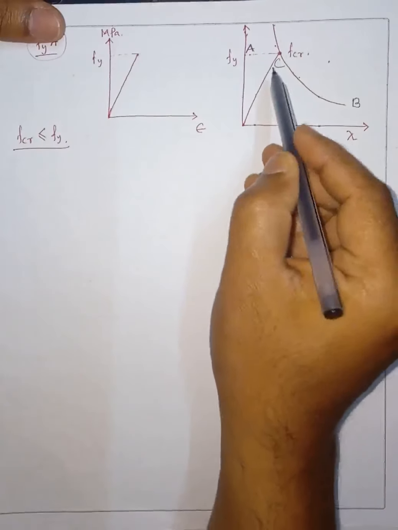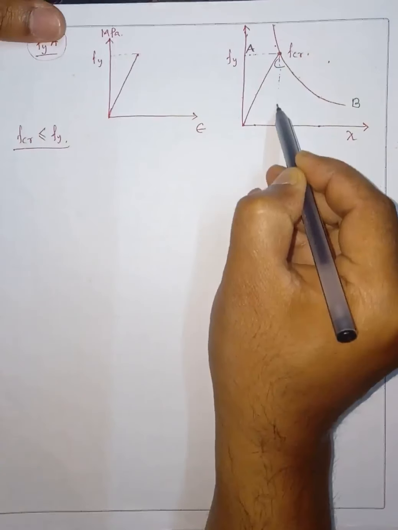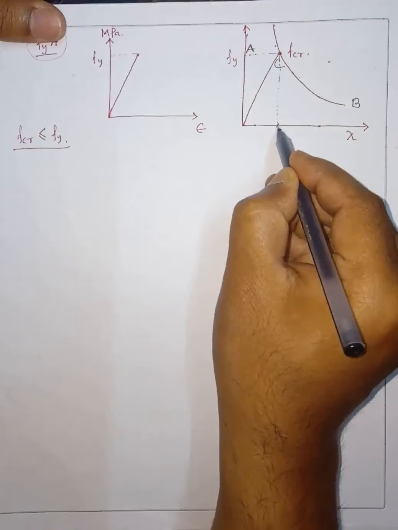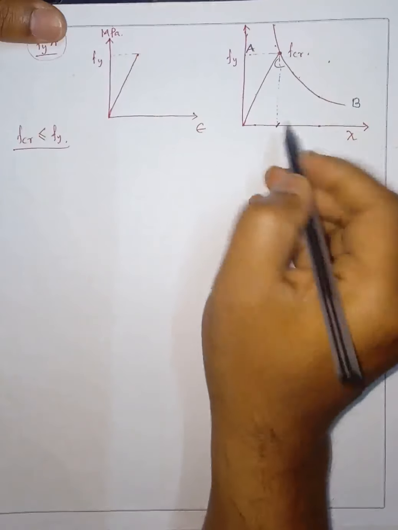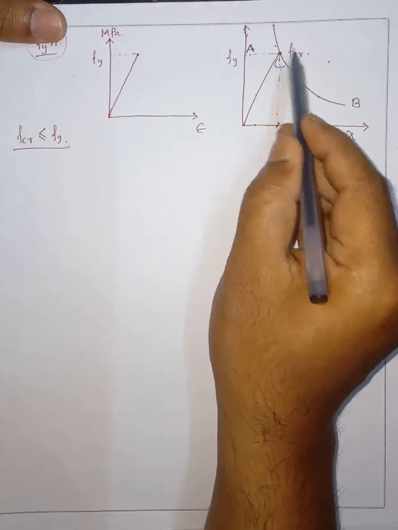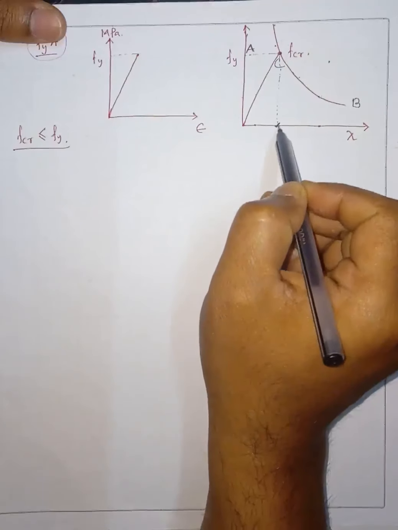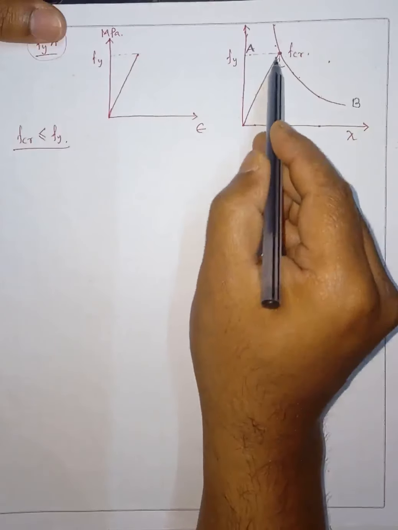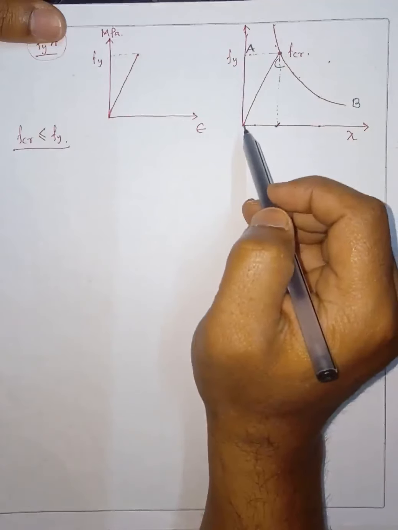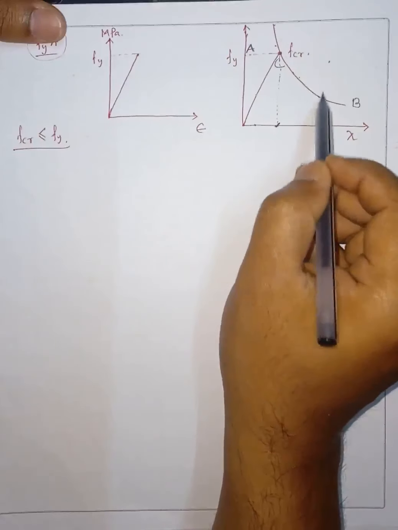When we reach this slenderness ratio, there is a change of behavior. Before this slenderness value, the member should fail by material failure, and above that value it should fail by geometric failure.